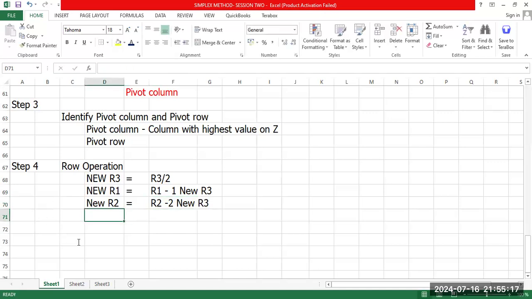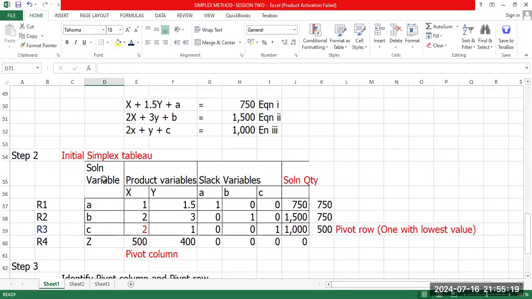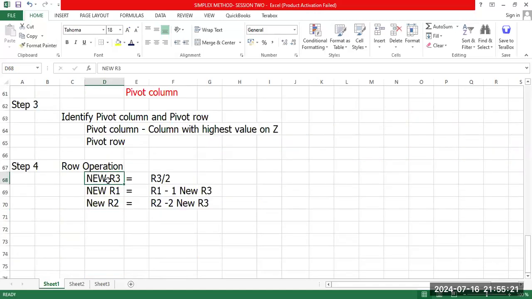Then we don't need to put again new row 3 here because already we have a new row 3 this side. So we go to the next row, which is new row 4.